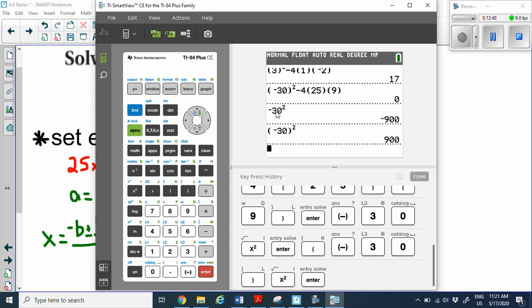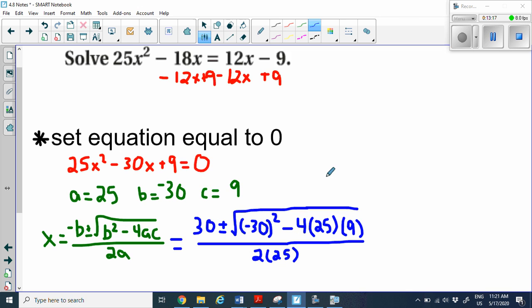What this is saying when we don't use parentheses is the calculator is thinking you're doing 30 times 30 and then multiplying by a negative. When we use parentheses, the calculator is thinking you're doing negative 30 times negative 30, which now gives us a positive. So that's why parentheses are very important when we're squaring. Always use them. Okay, so the number underneath our radical or the square root sign is going to be 0.